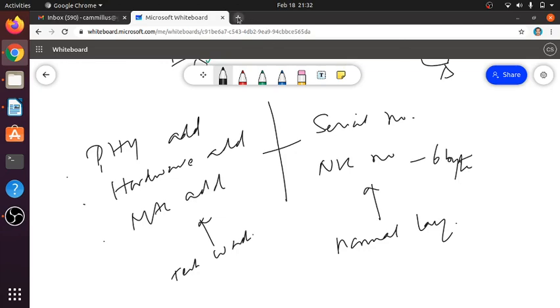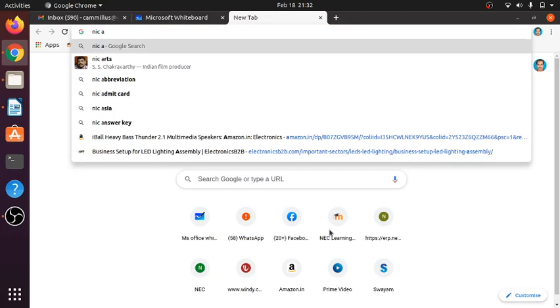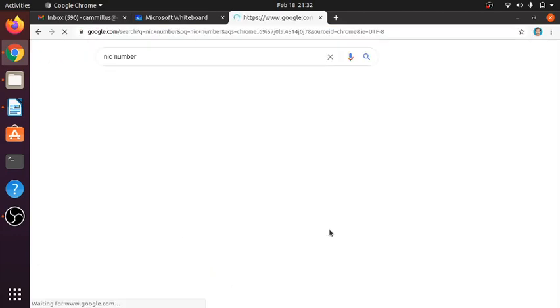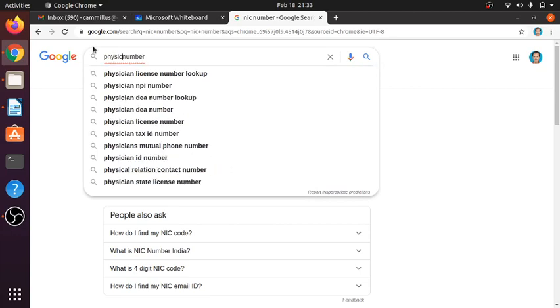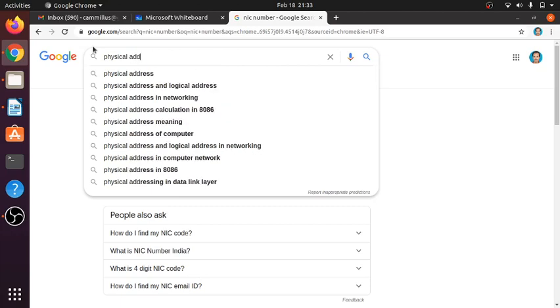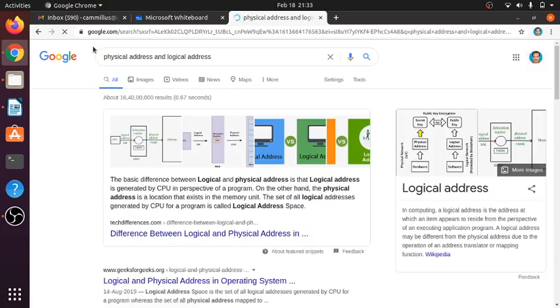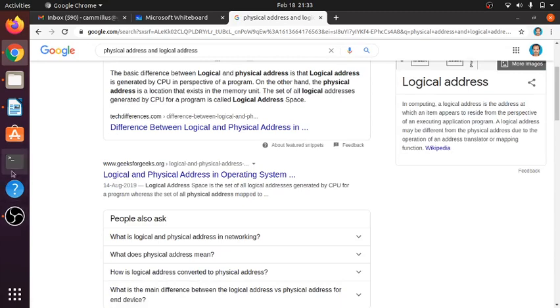So physical address and logical address we can classify here, or else I can get the information from my own system.